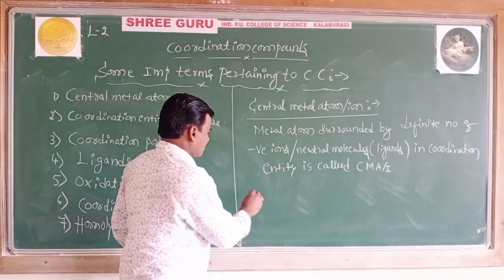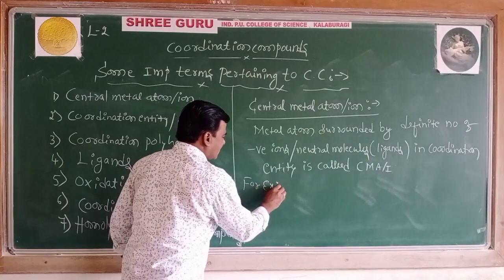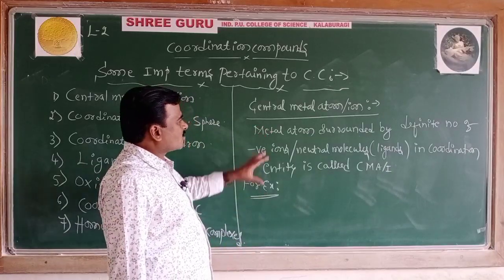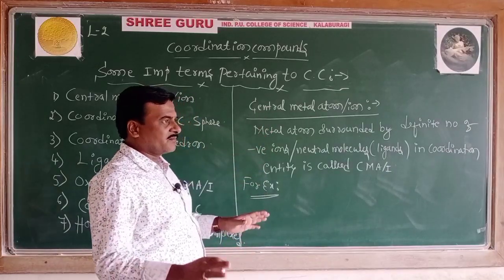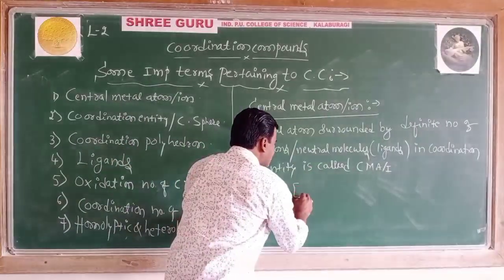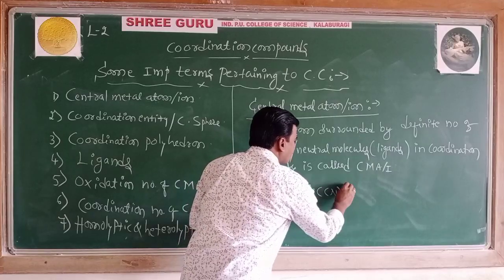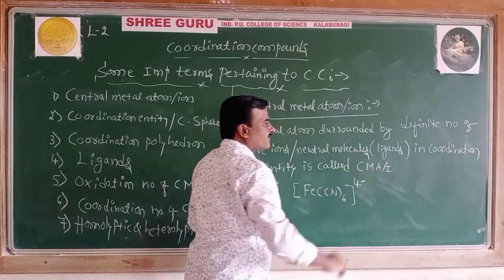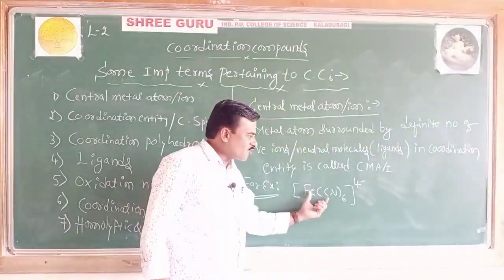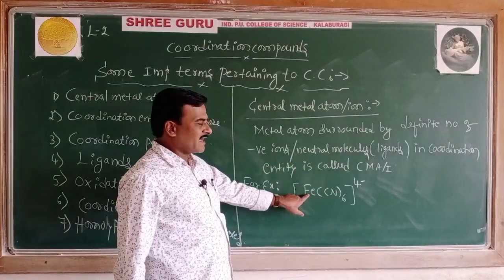From the example you will get a clear idea. So what is the central metal atom or ion in the coordination entity? If I take [Fe(CN)6]4-, it is the coordination entity, in which there is a central metal atom or ion.